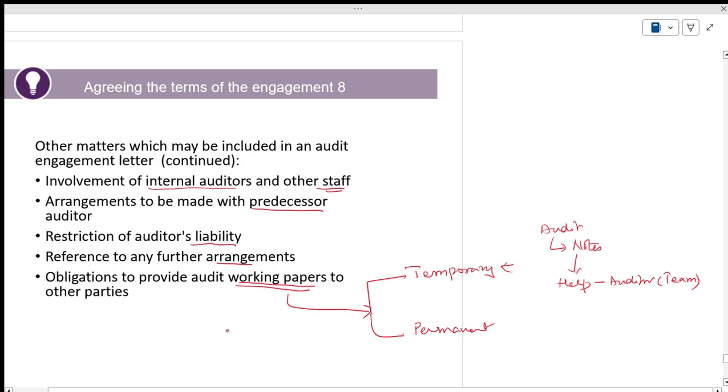They will write a lot of notes, and they have all the doubts. Something they will clarify, something they will not clarify. Whether there is an obligation to provide these to other parties. Again, this will come under the category of confidentiality.